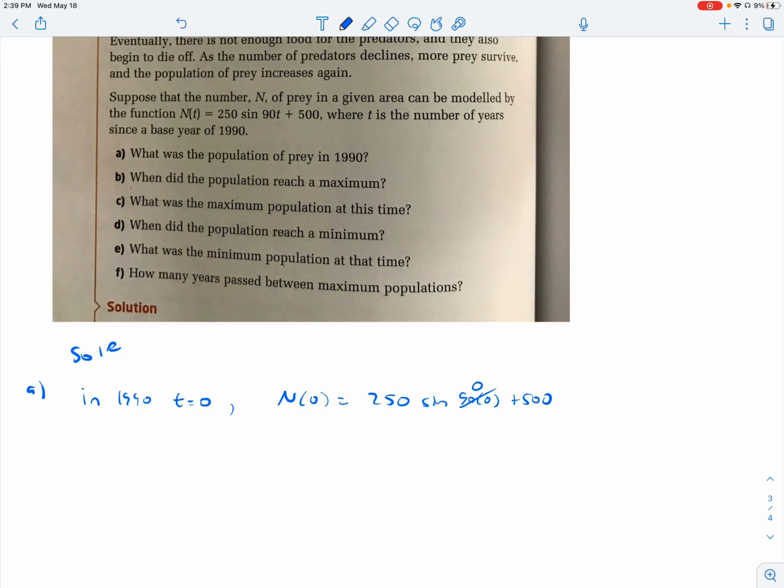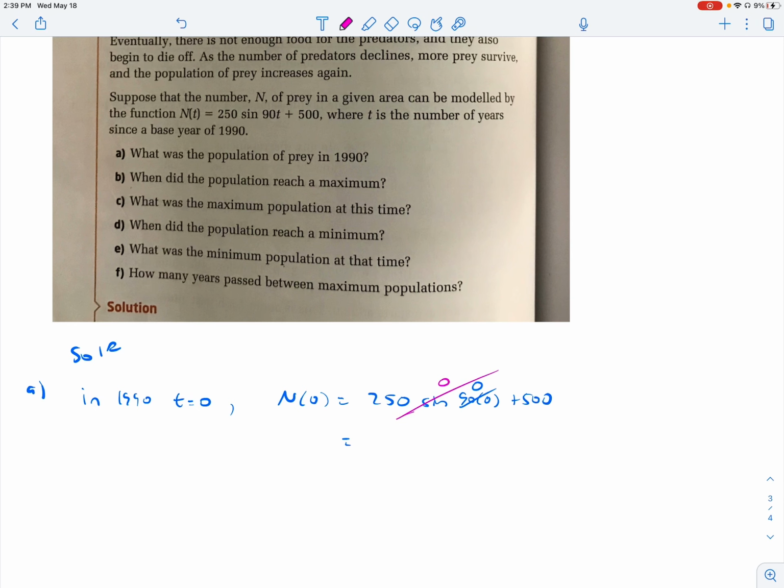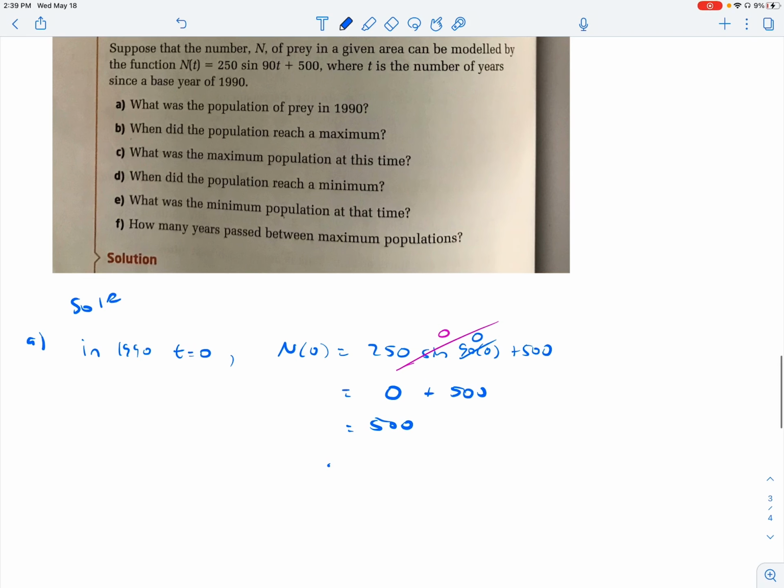So this whole first part is going to go away because that's all going to be 0. So we have 0 plus 500. So we can say that the population of prey is 500.